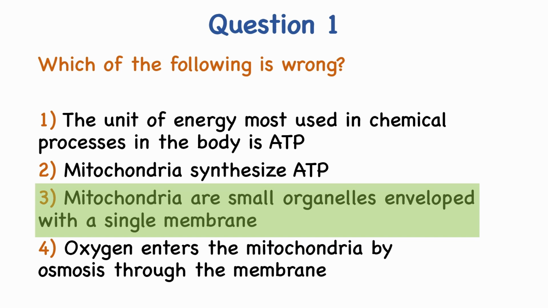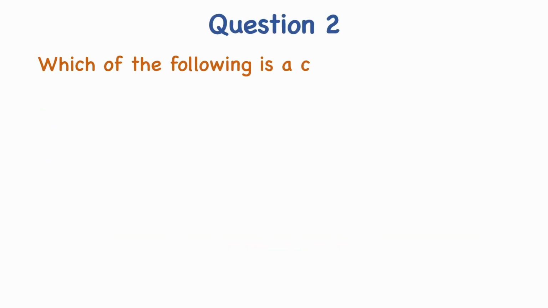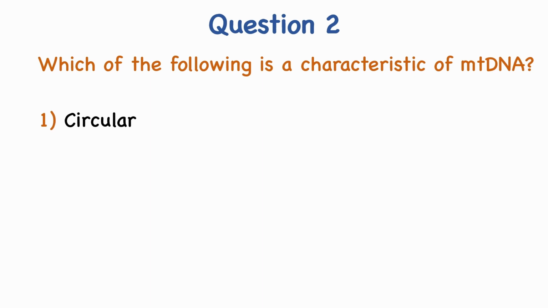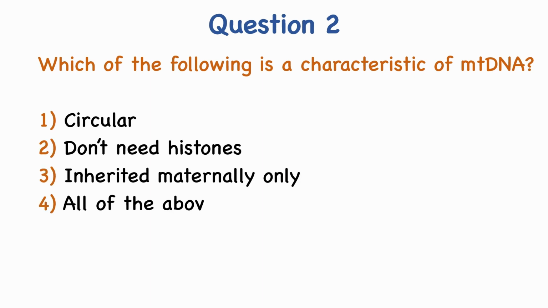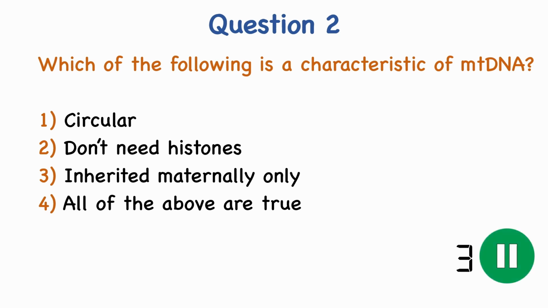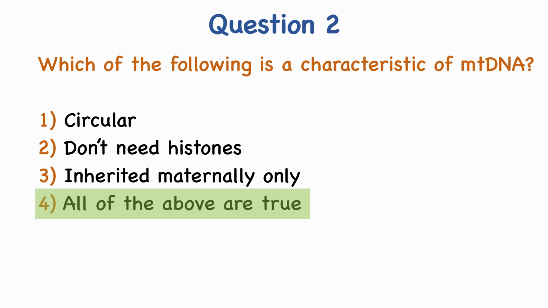We said that mitochondria have two membranes and a space between them. Mitochondrial DNA, unlike the cell's DNA, is circular and does not need histones, and it is inherited only from the mother.